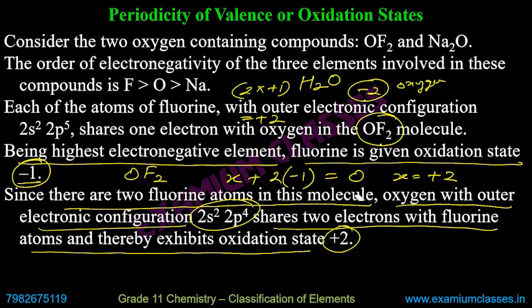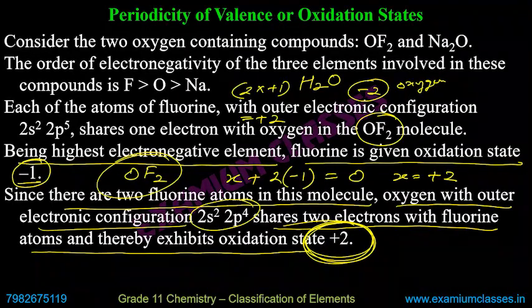It means oxygen's oxidation state in OF2 is +2, not -2. So oxidation states can be different for the same element in different molecules. But when we talk about valence, valence normally remains the same. When we talk about valence, we don't talk about the molecules. But when we talk about oxidation state, we talk about a particular molecule.